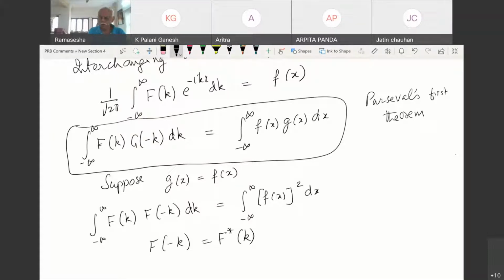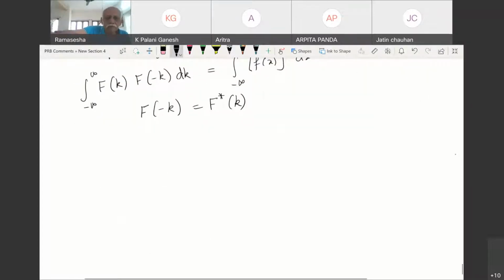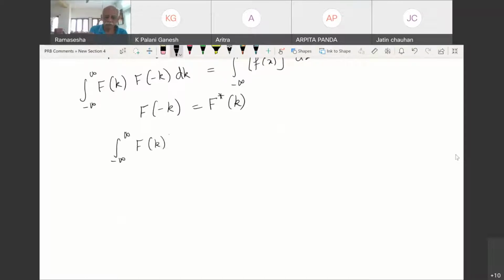Therefore, the integral from minus infinity to infinity of modulus f of k squared is equal to the integral of the square of f of x dx.